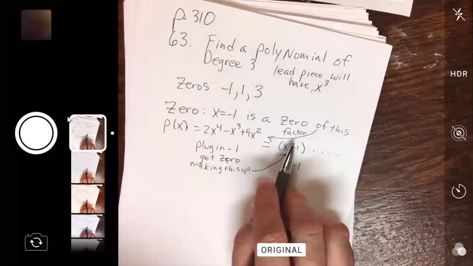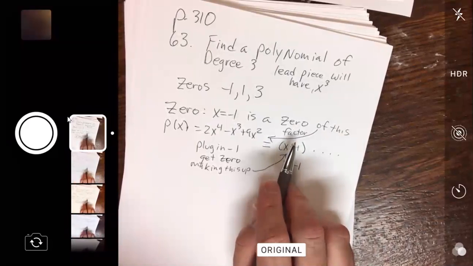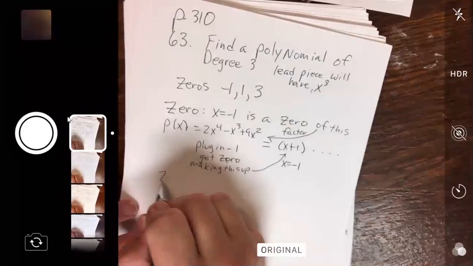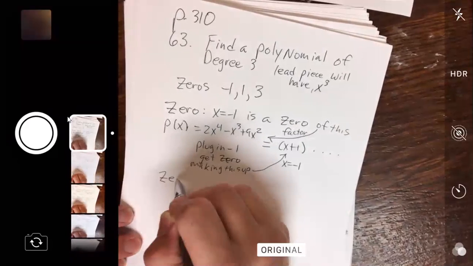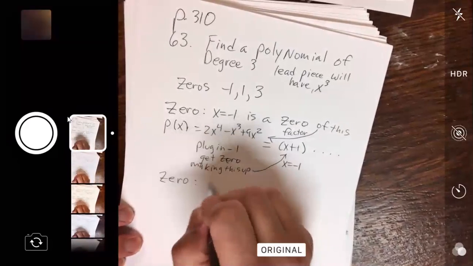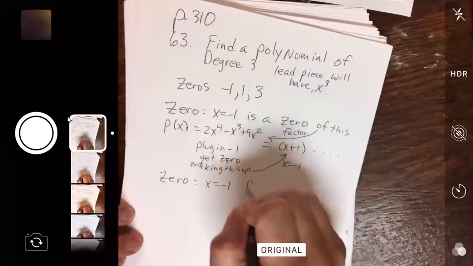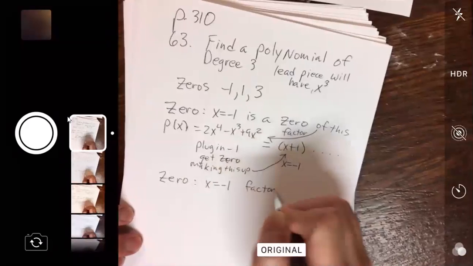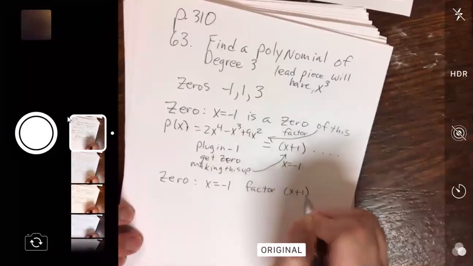Does this make sense? Kinda. Okay, so when they tell me that I have a 0 of x equal -1, that means I get a factor of x plus 1.